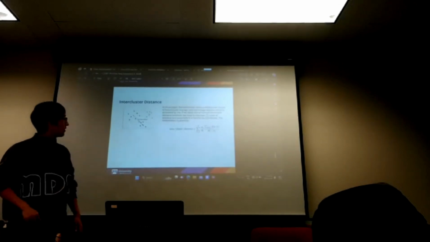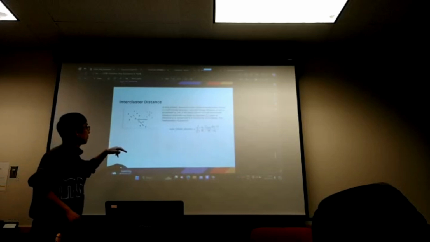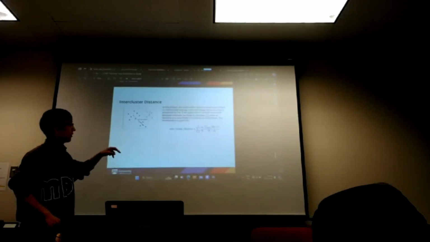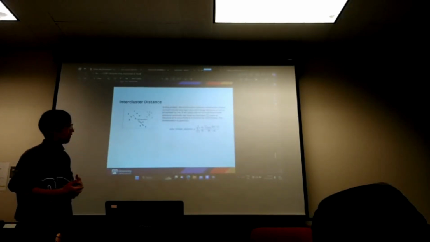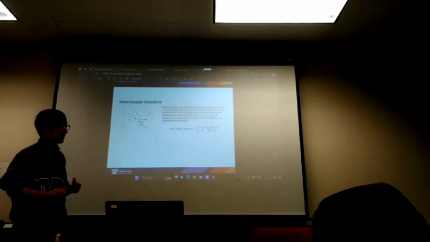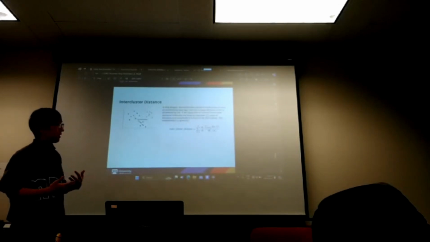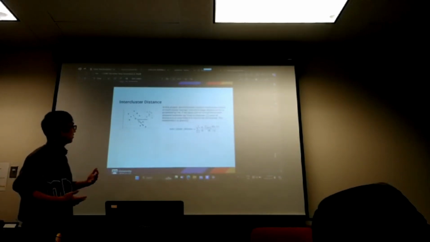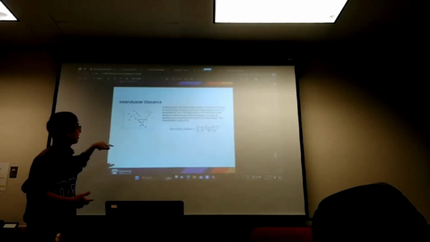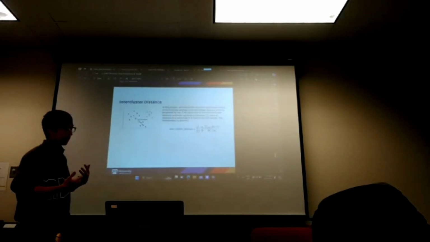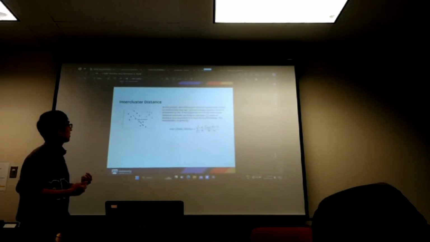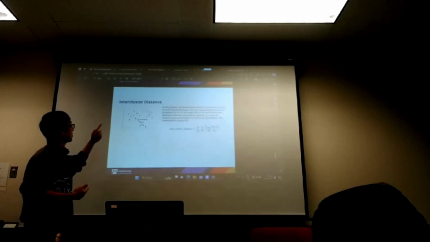No. Why did I propose a new formula? Because the formula I found from the website usually can only apply to two clusters. If our data set only has two clusters, we can use the formula from the website to calculate the intercluster distance.